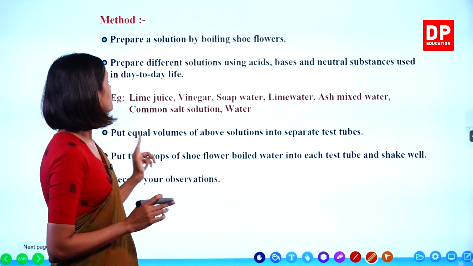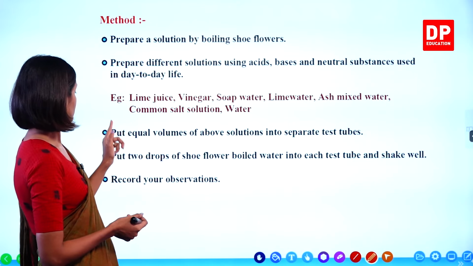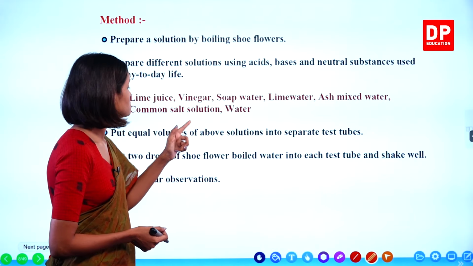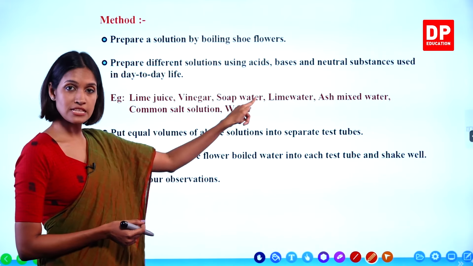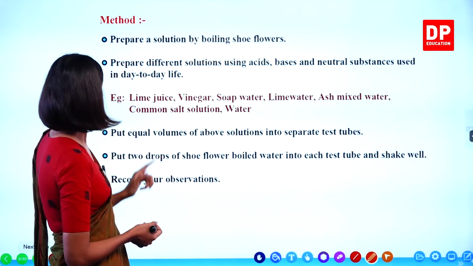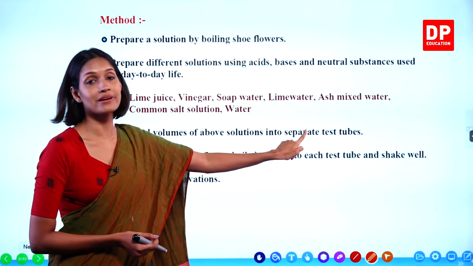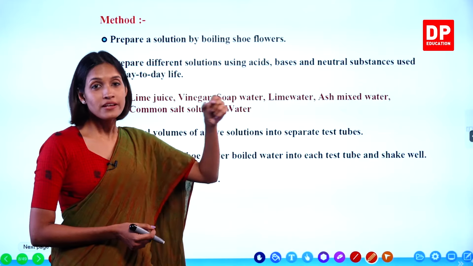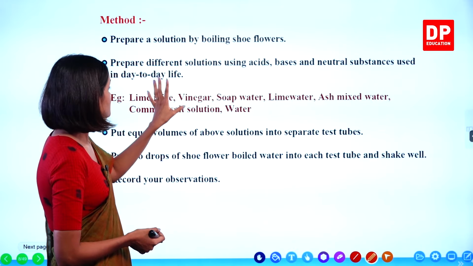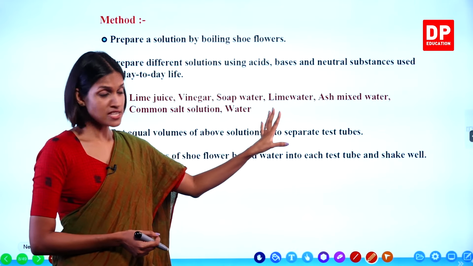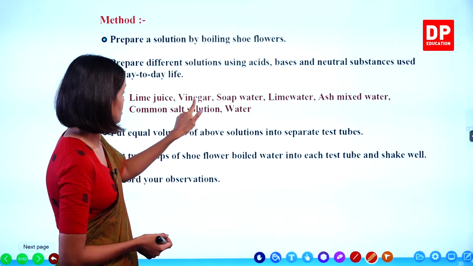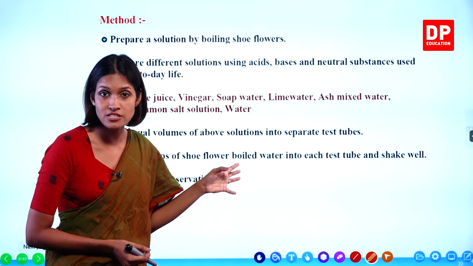Now what do we have to do? Next step, put equal volumes of the above solutions into separate test tubes. We have 7 different types of solutions, so we put them into 7 different test tubes.